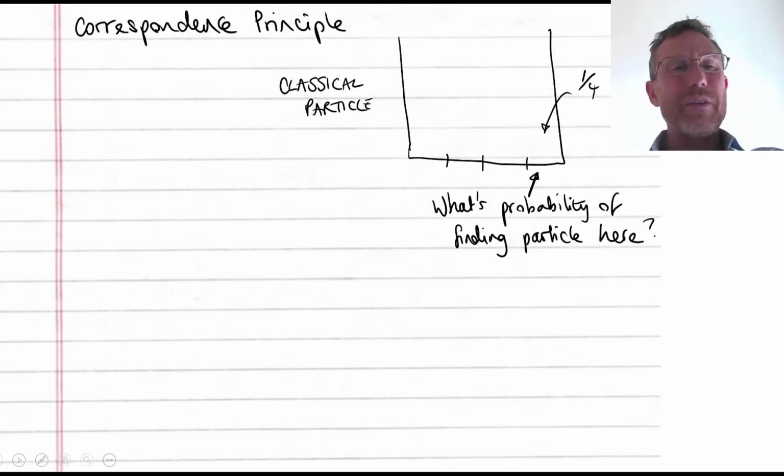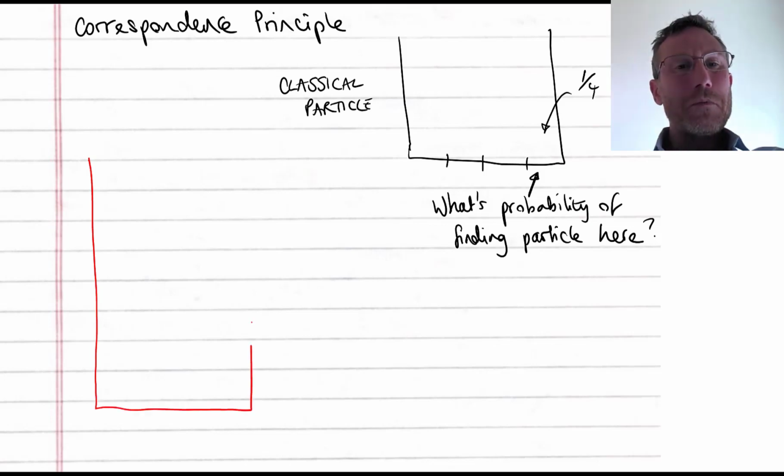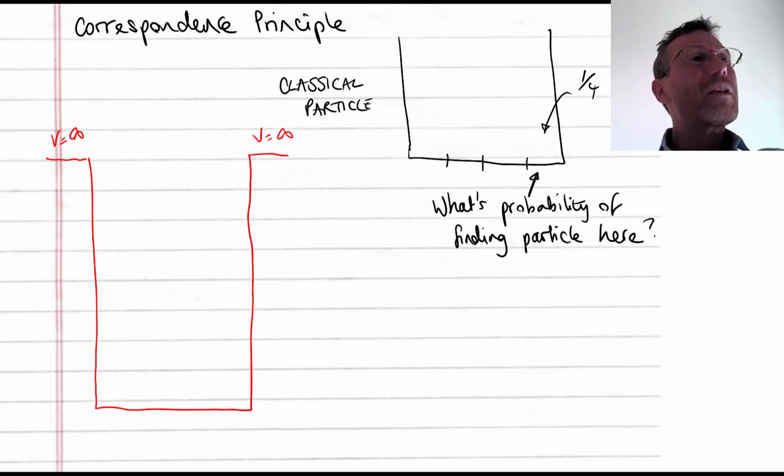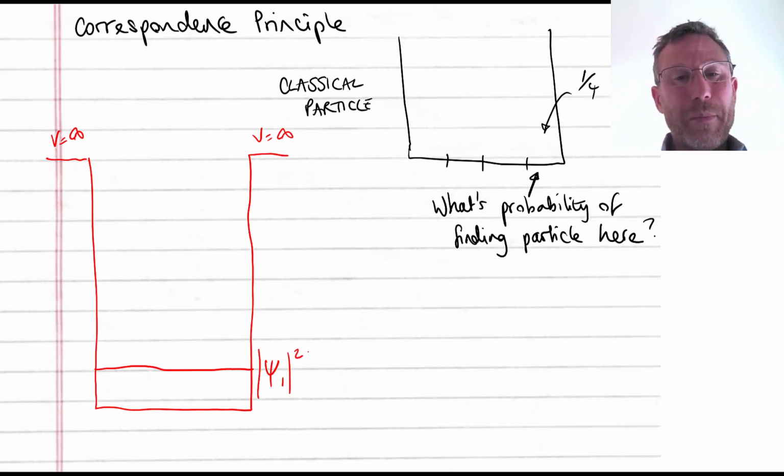So this is a classical particle. But what happens now with quantum mechanics? Here we have our box, and as you'll recall, when we think about the different energy levels, or the different psi 1, let's look at the probability when n is equal to 1.